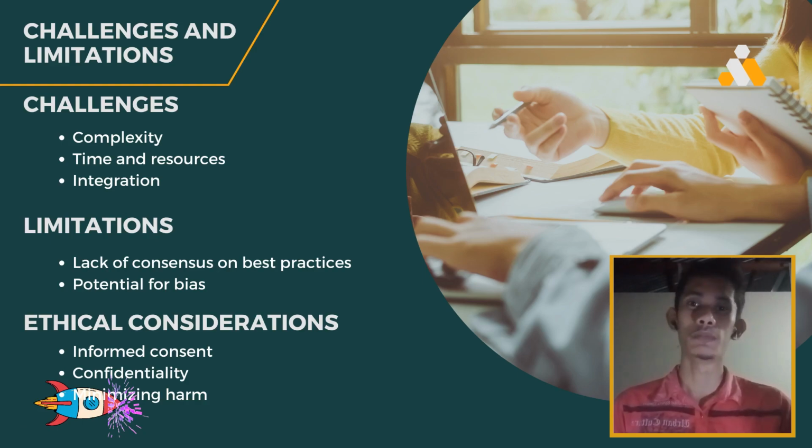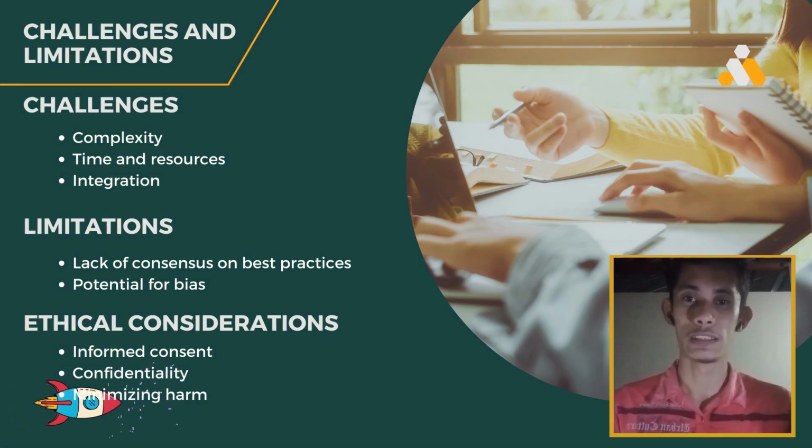This means that researchers should be aware of the potential risks associated with the study and take steps to mitigate this risk. Researchers should be aware of the ethical considerations associated with the specific data collection and analysis methods that they are using. For example, researchers need to be aware of potential bias in interviews and surveys.